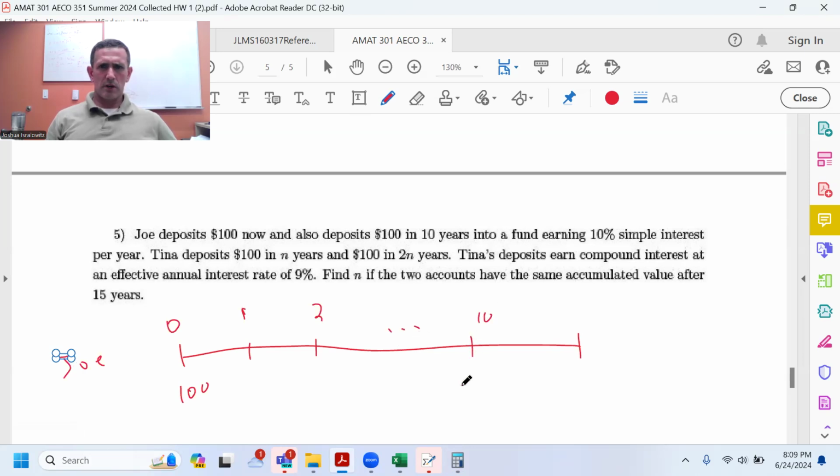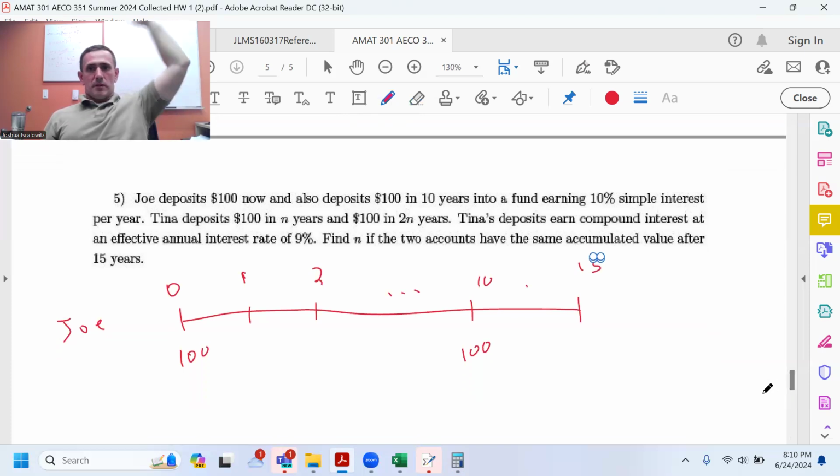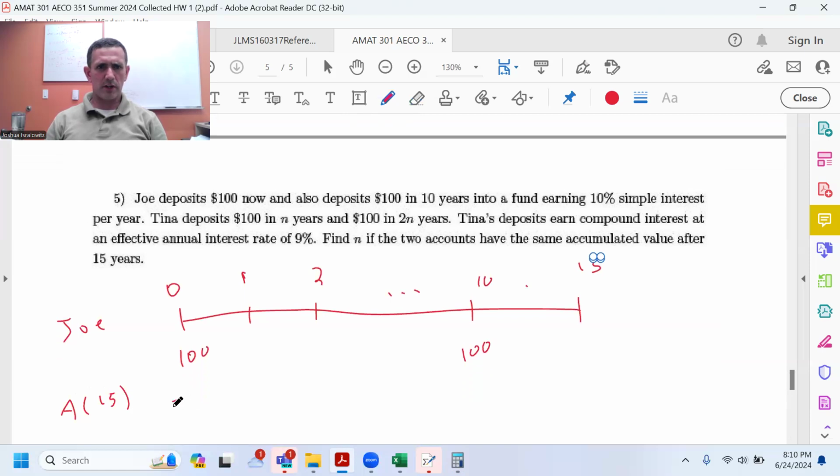Right, so we have 100 now, 100 at t equals 10, and that's 15. Okay, yeah, so we can just simply get, let's say A is how much is in Joe's account after 15 years.